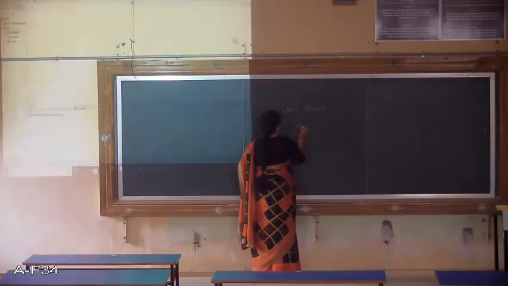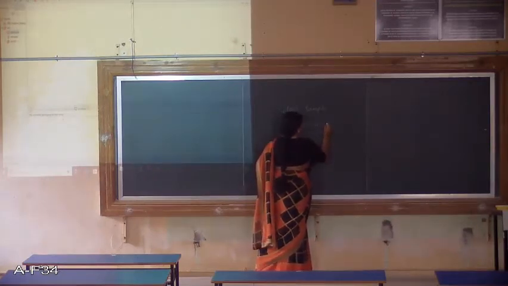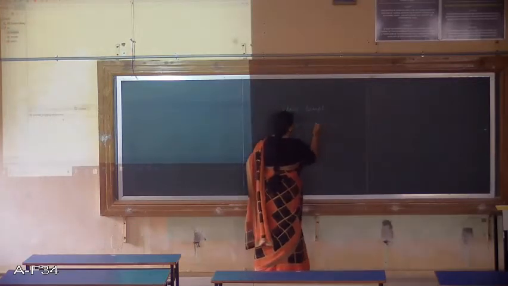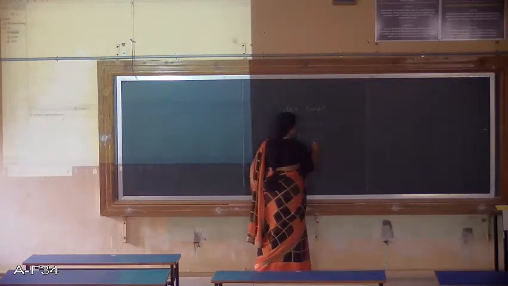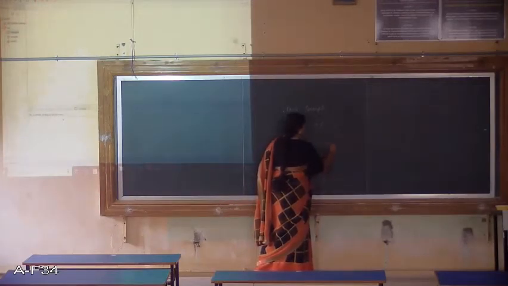So here we need public static void main, that is the main method. I'm just writing it using the shortcut over here, and then here it is system.out.println. Here I'm going to print hello or hi.